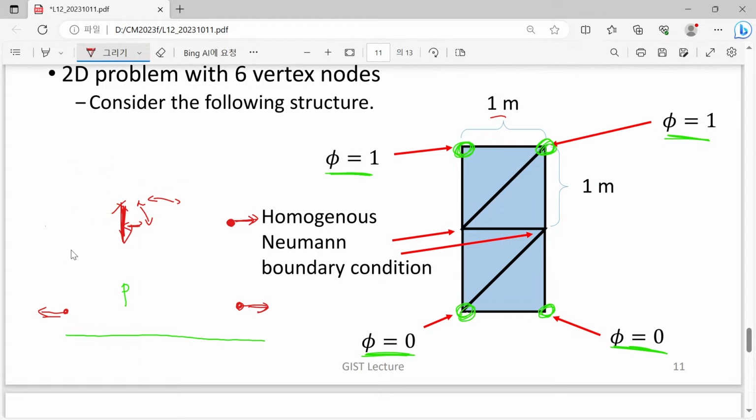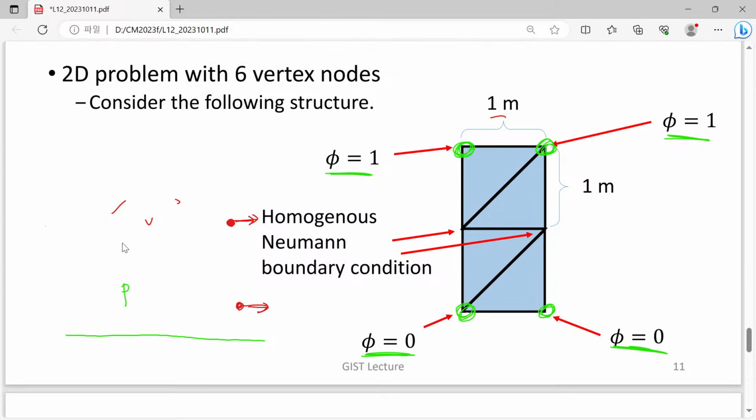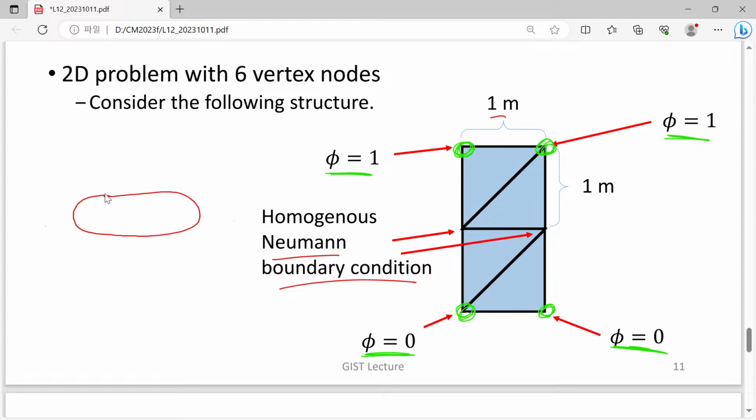However, although that is quite a good question, I wanted to give you another case where we can apply the homogeneous Neumann boundary condition quite safely. One example is like this. Let's say that this is your transistor.